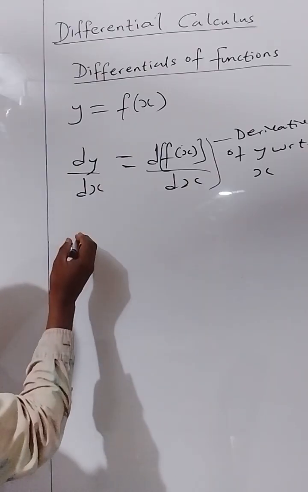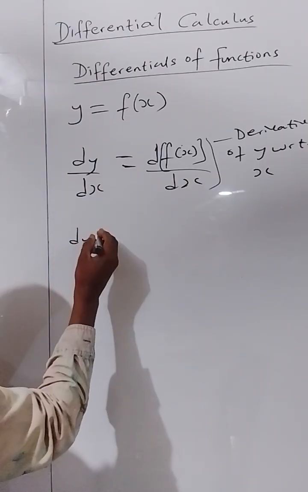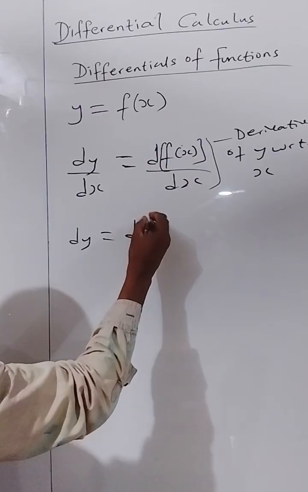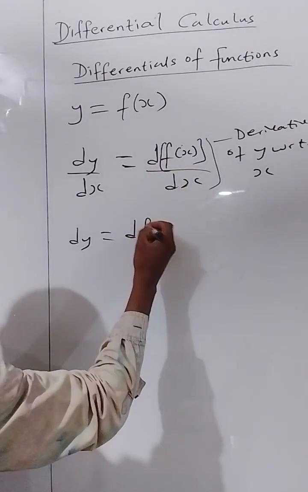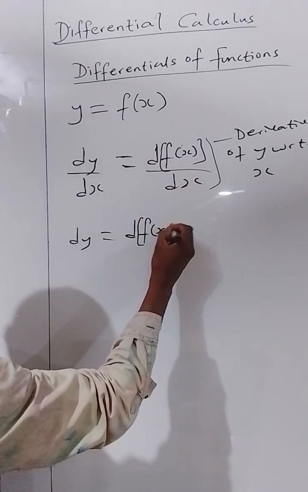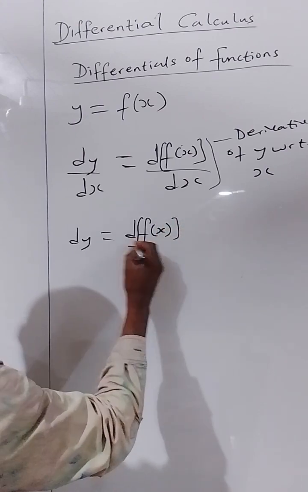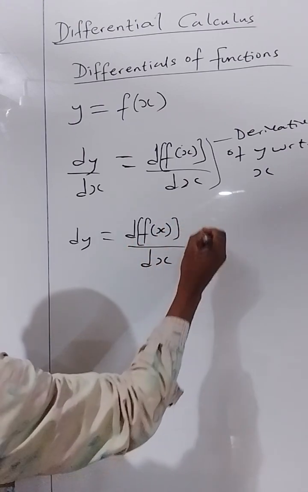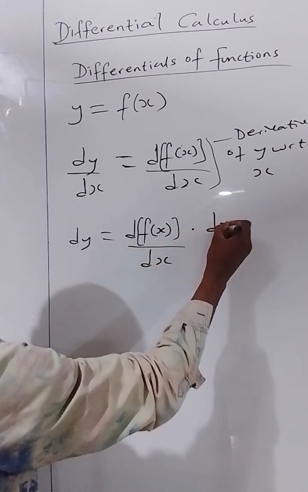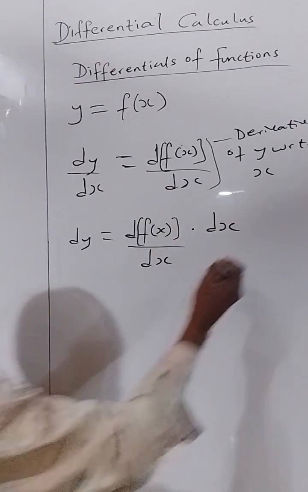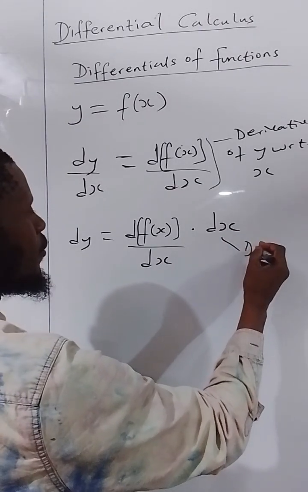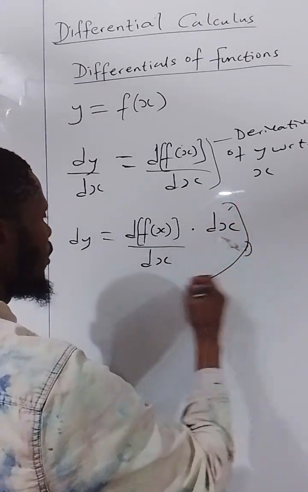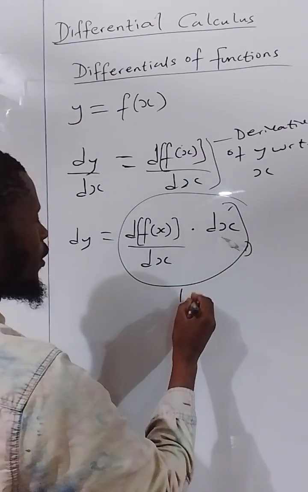In other words, I'm going to have dy equal f prime of x, then multiplied by dx. This is what is called the differential.